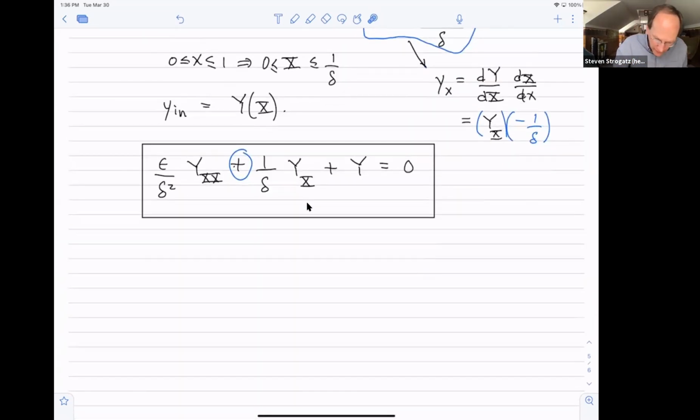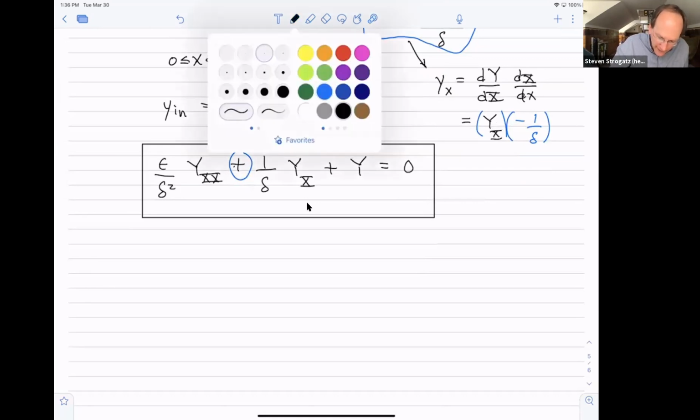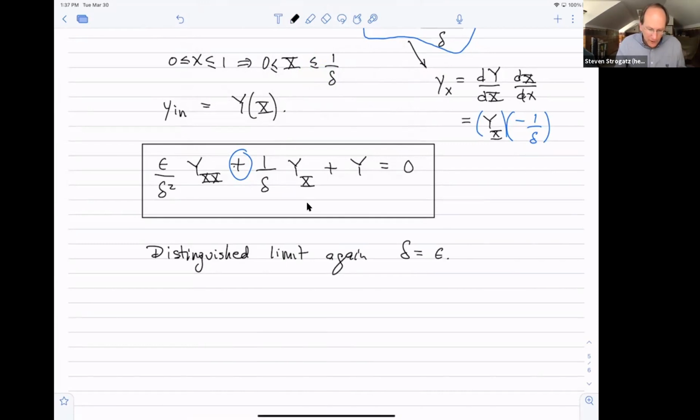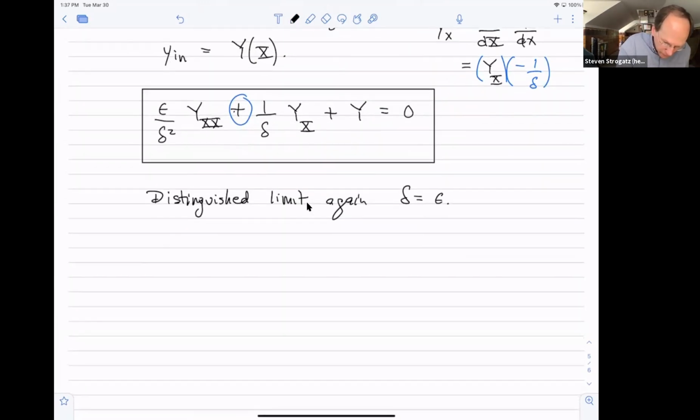We've got this plus. You could use the same kind of balance argument. The distinguished limit, again, will turn out to be delta scales like epsilon. So I'm skipping that step, but you could check it by the same type of argument we just did earlier.